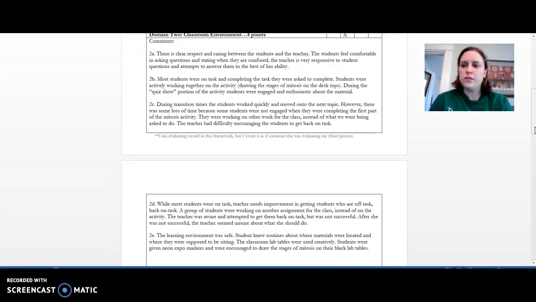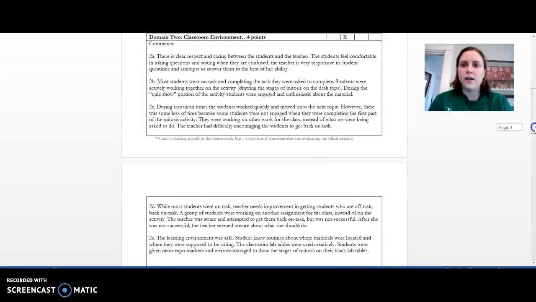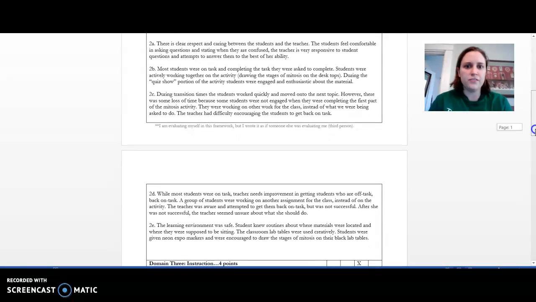In domain 2 on classroom environment, I also gave myself proficient, a 3 out of 4. This was because you saw a clear respect and caring between myself and the students, and students were, for the most part, on task when they transitioned. They transitioned quickly. There wasn't a lot of milling around the room. They were doing it as expected.